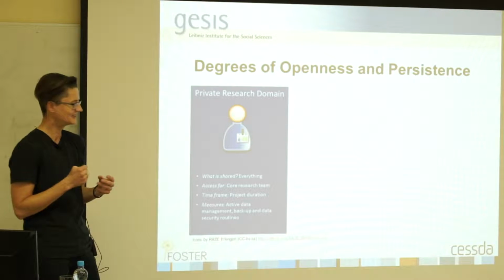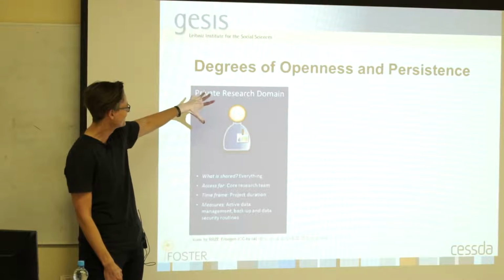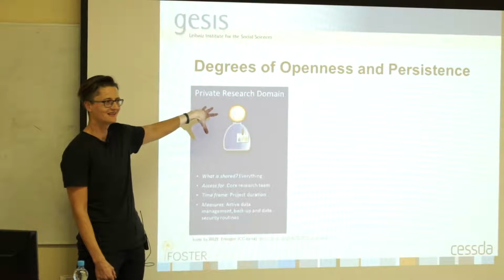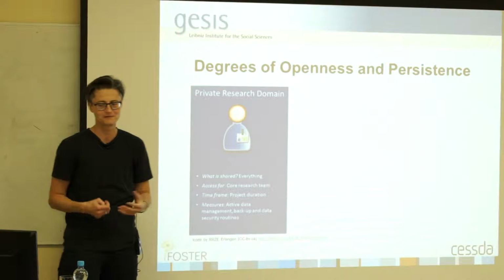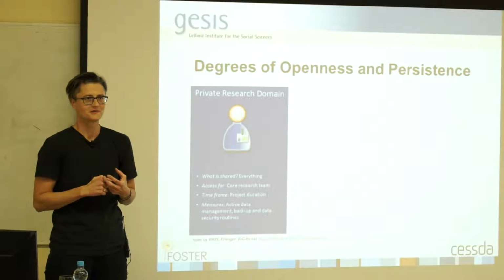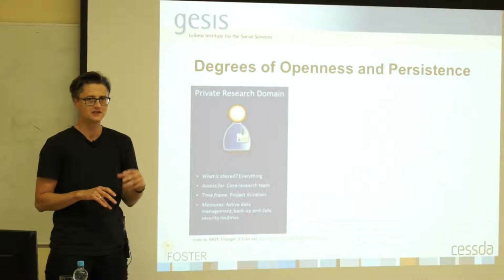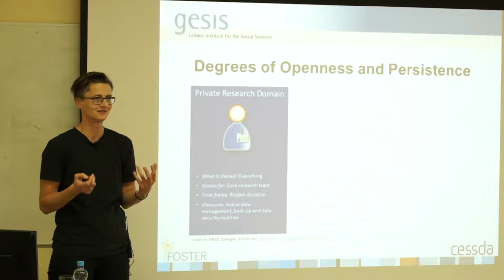Sorry, that sounds terribly abstract, but I'm going to illustrate this a little. So the first domain that becomes relevant in a research project is called the private research domain. And that is basically the domain where the primary research team works and where you conduct your actual research.